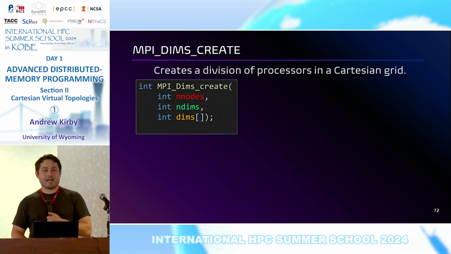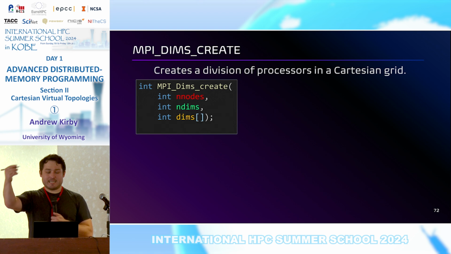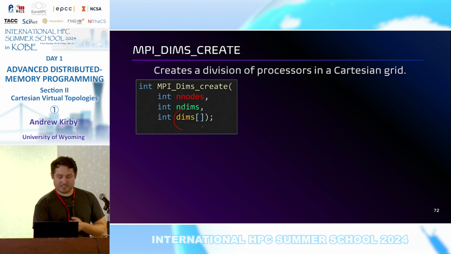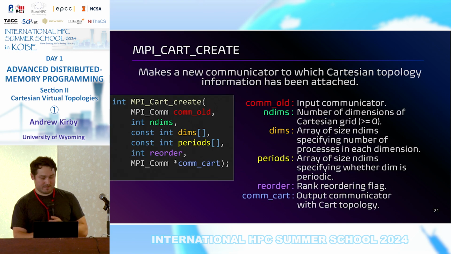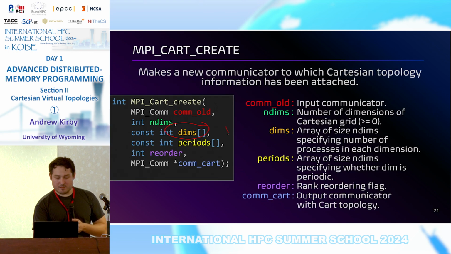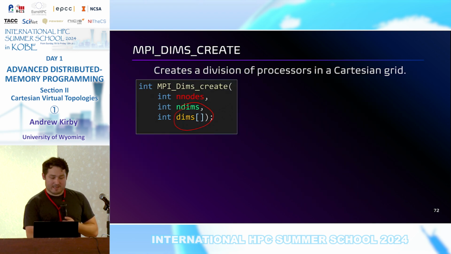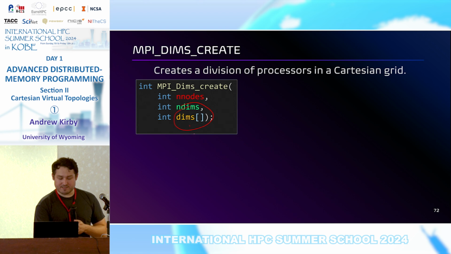Okay, so how do we actually create the dims that go into that previous function, right? This one is an input, but we can use MPI to actually make dims and get this out. So how do we do that?